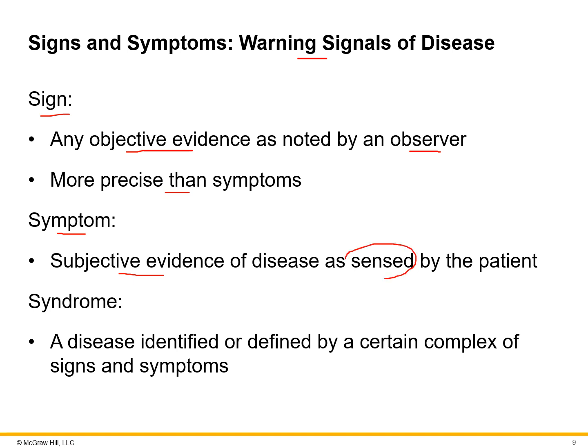So a headache, nausea, we can't measure that. Nobody else can feel it. It's something that the person is experiencing. And then syndrome is a disease identified or defined by different signs and symptoms. So there's not a specific kind of test for it, but again, a syndrome is something diagnosed just from the signs and symptoms.